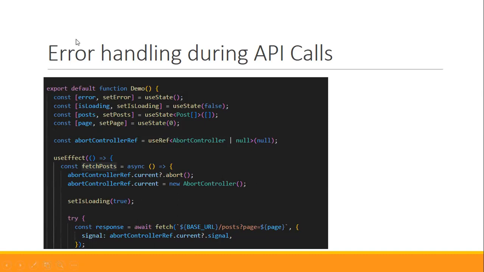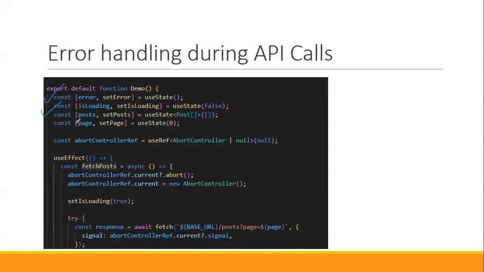I have already created this example, and we have written some code differently here. First of all, we want to handle the errors and store the errors. For that, we created one state variable, which is error and setError. Now we want to check whether it's loading or loaded successfully, so we save that state.